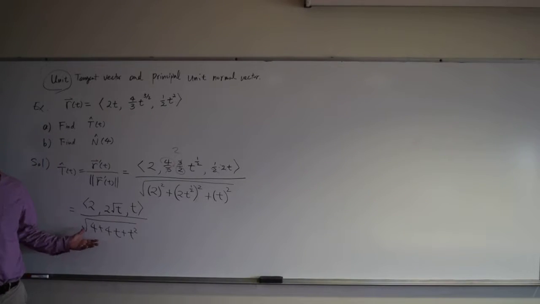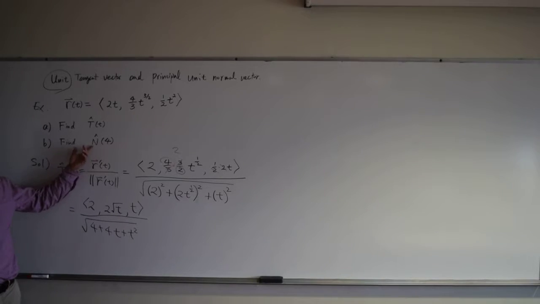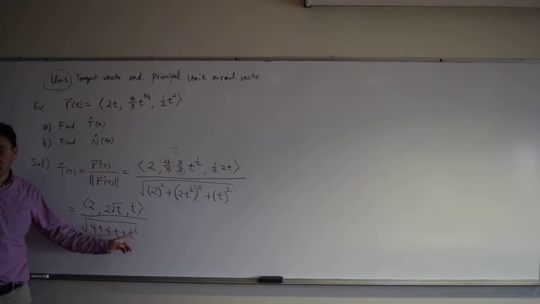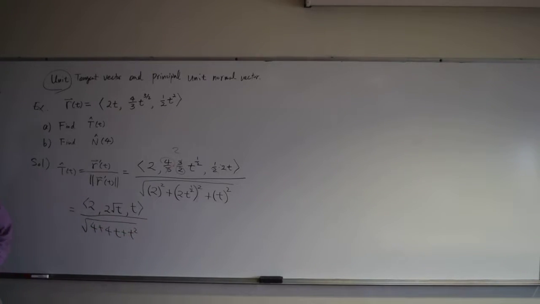Now you can leave it like this if this is all you have to calculate. But because you have to use this to get the next answer, you should simplify as much as possible. So how can you simplify the denominator? You have to factor.